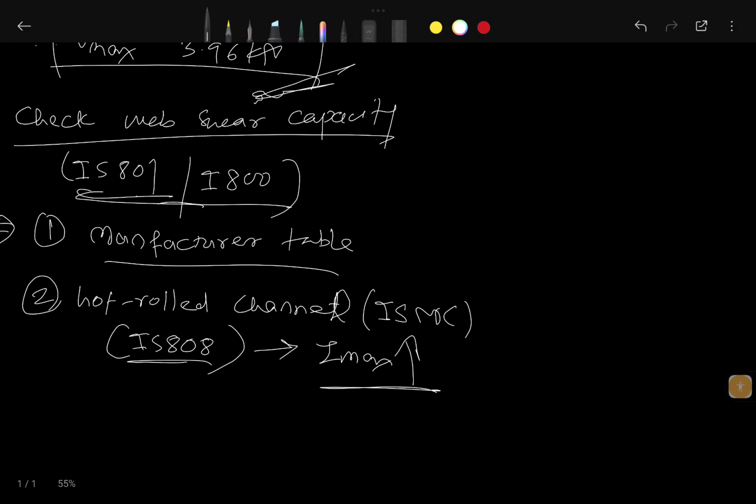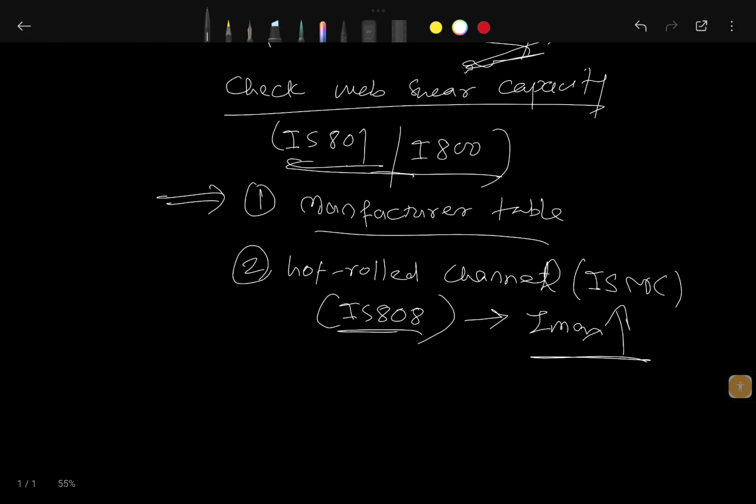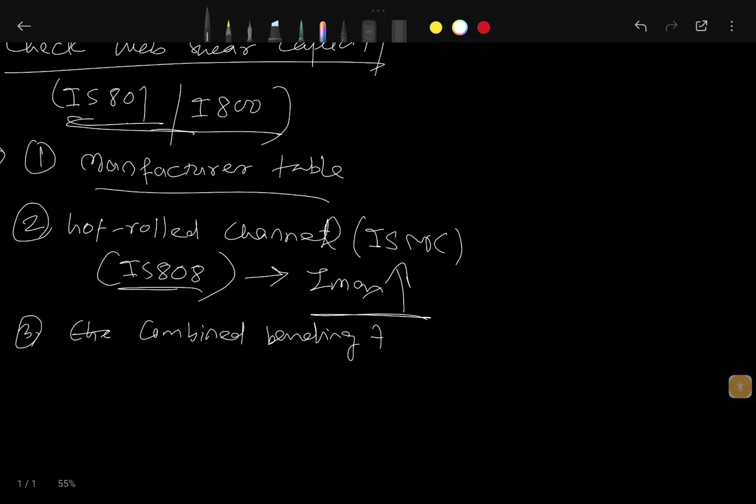That's why we don't use this hot roll channel section for smaller spans of PEB structures, because it's uneconomical for small spans. And the third point: check combined bending plus compression if the purlin is laterally unsupported. If the purlin is laterally unsupported, then we check for combined bending plus compression.